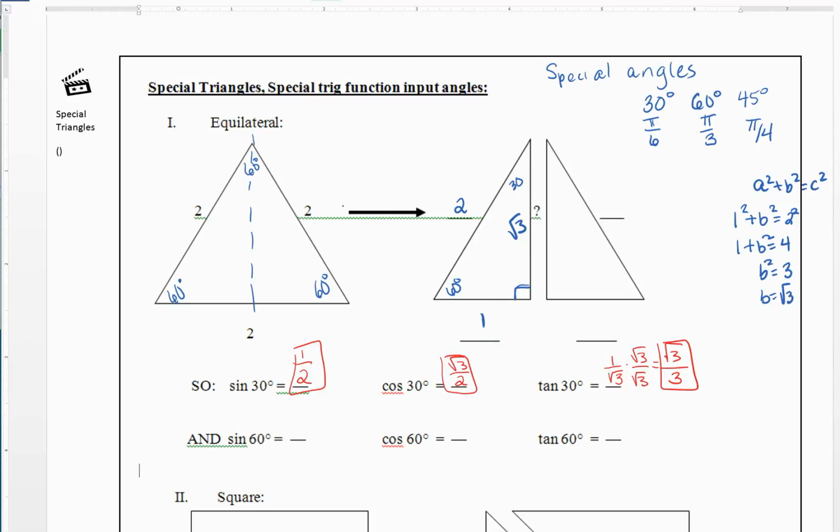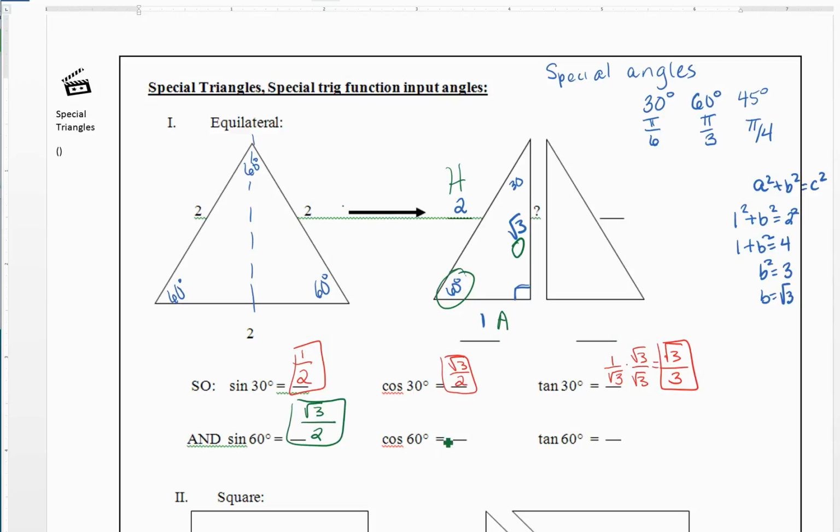Okay, now what if we look at the other angle? Let me change my pen color. Let's say we let our theta be our 60 degrees, okay? Well, the hypotenuse stays the hypotenuse, but now the one that it's kind of sitting on becomes our adjacent, and the one that it's across from becomes our opposite. So when we want sine of 60, we're going to take the opposite now, square root of 3, over the hypotenuse, 2.